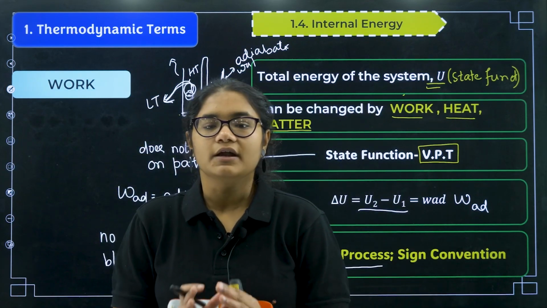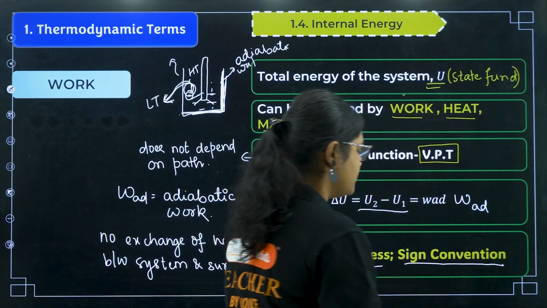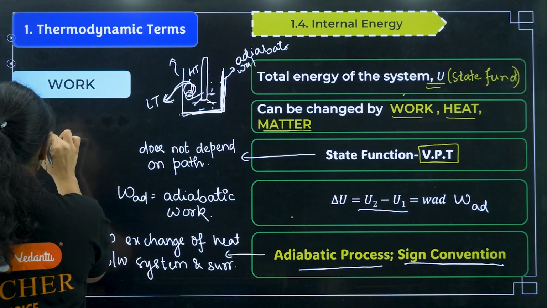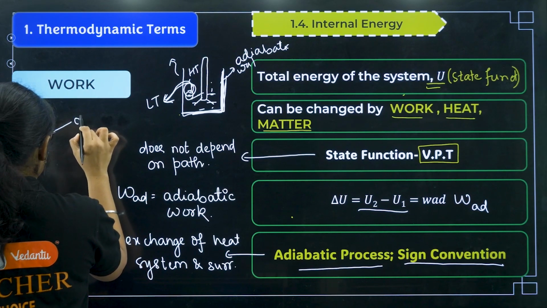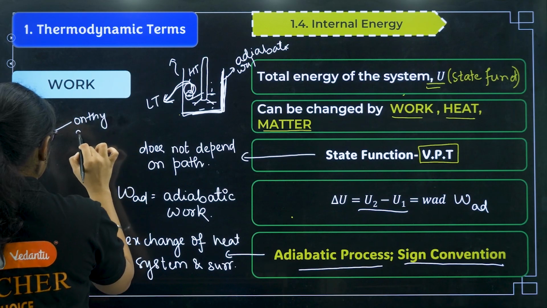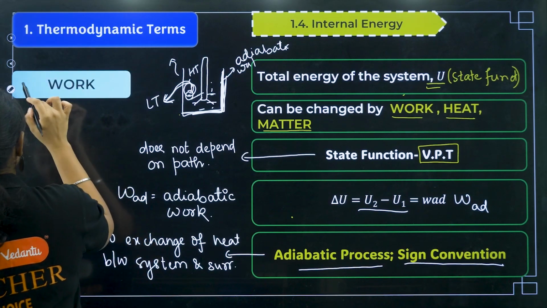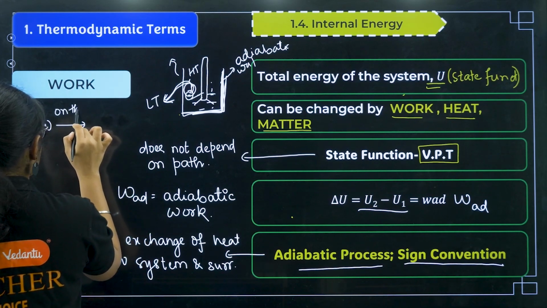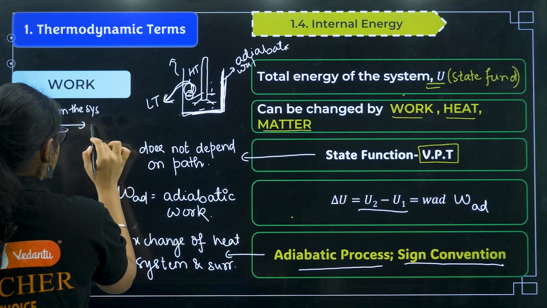Got this one? Now coming to something called sign convention. What is this sign convention? So we will see that. Now see, generally when work is done on the system, in that case what will happen?